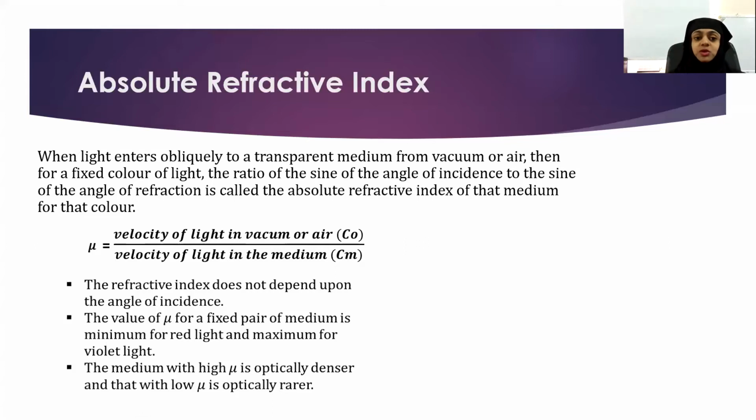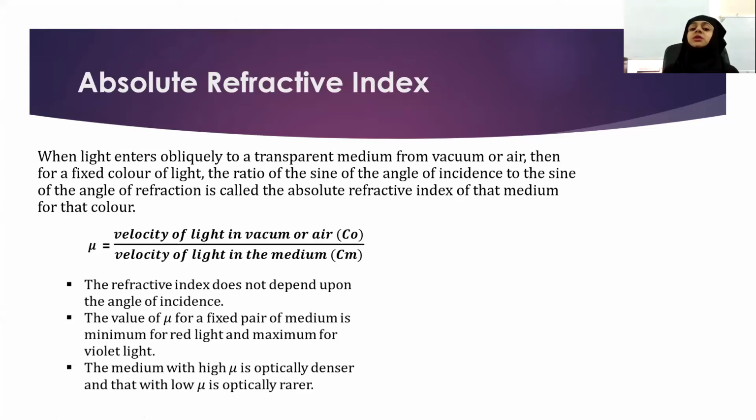So the point to be noted is that the refractive index does not depend upon the angle. It does not depend upon the angle of incidence or the angle of refraction. It's the property of a medium. So even if you change the angle of incidence, correspondingly, the angle of refraction may change, but it doesn't affect the refractive index.